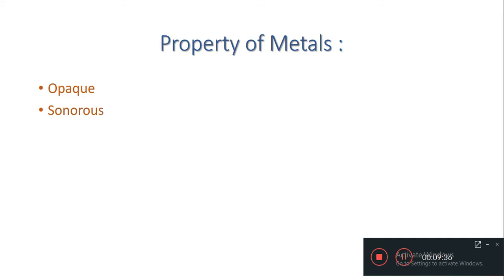It means when you hit a metal on its surface, it gives you this bell sound. You know that sound when you take two spoons and hit them together. Yes, that is what we talk about as sonorous. Metals should produce that sound, which simply tells you that yes, the surface I just struck is a metal.